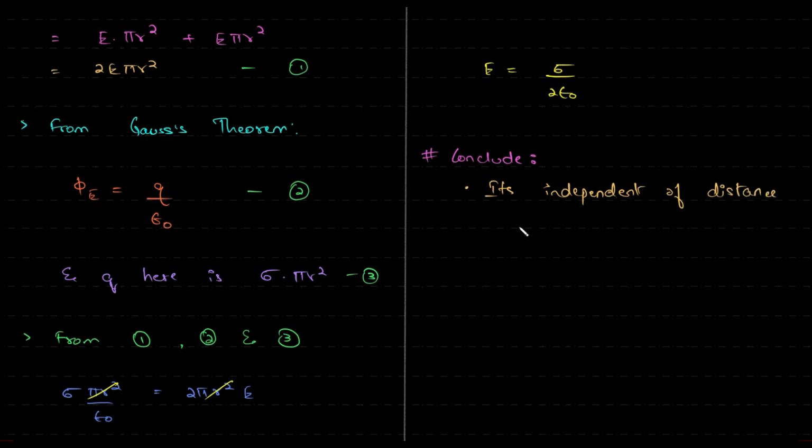Independent of distance. However far you go, E will be same. That's so weird, right? For a very large, infinitely big sheet, of course, that itself is imaginary. If that was the case, we have an evenly spread out electrical field and it is independent of distance. Whatever strength is found in front of the sheet, the same strength is even found at a very far distance as well. That's so weird.